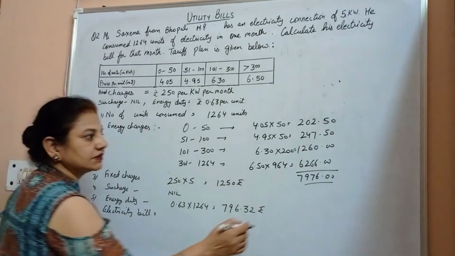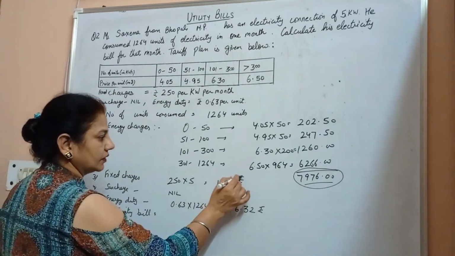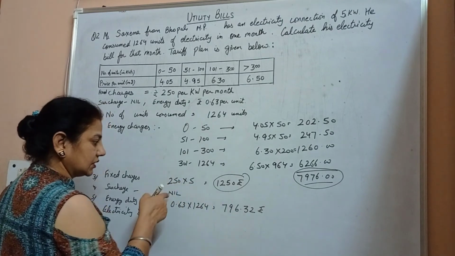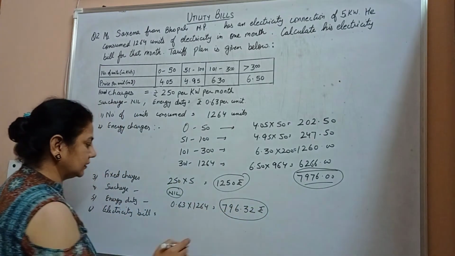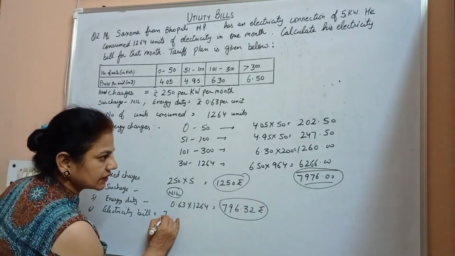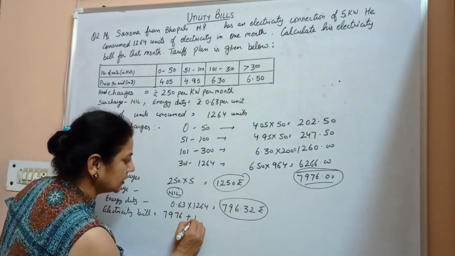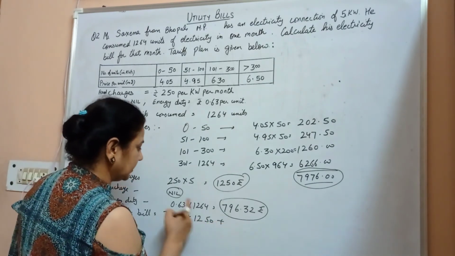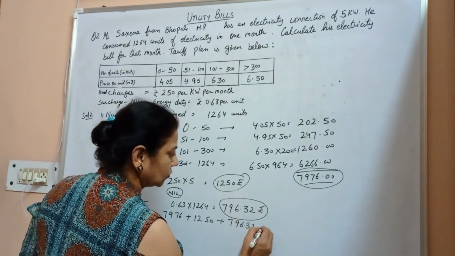Sixth step is electricity bill. Electricity bill is adding the energy charge, fixed charge, surcharge and the energy duty. Add all these, we get 7,976 rupees plus 1,250 rupees plus nil 0 plus 796 rupees 32 paisa.